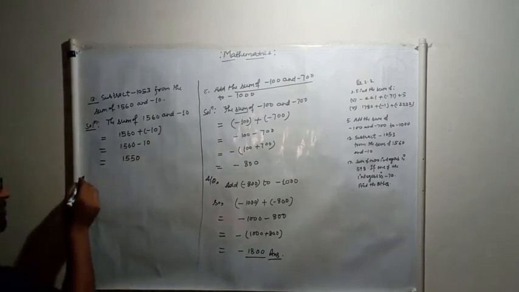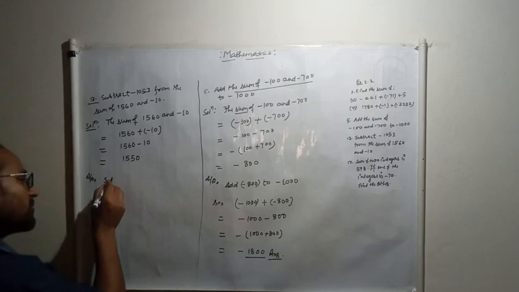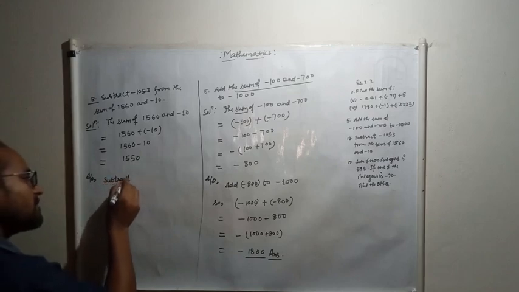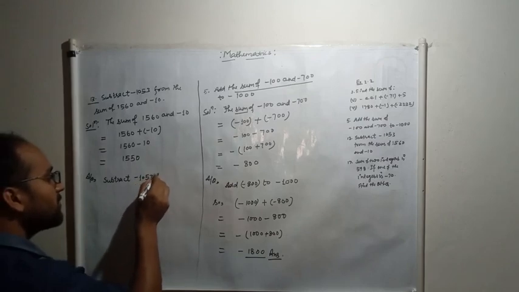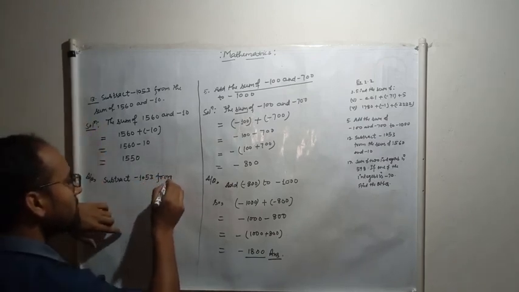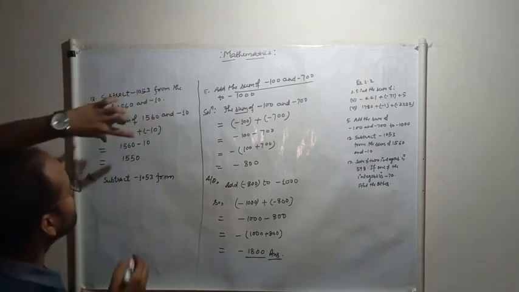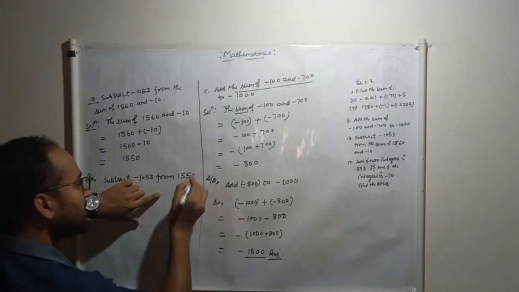And subtract this quantity from the sum of this one. So according to the question, subtract minus 1053 from the sum of these two. These two sum is 1550.